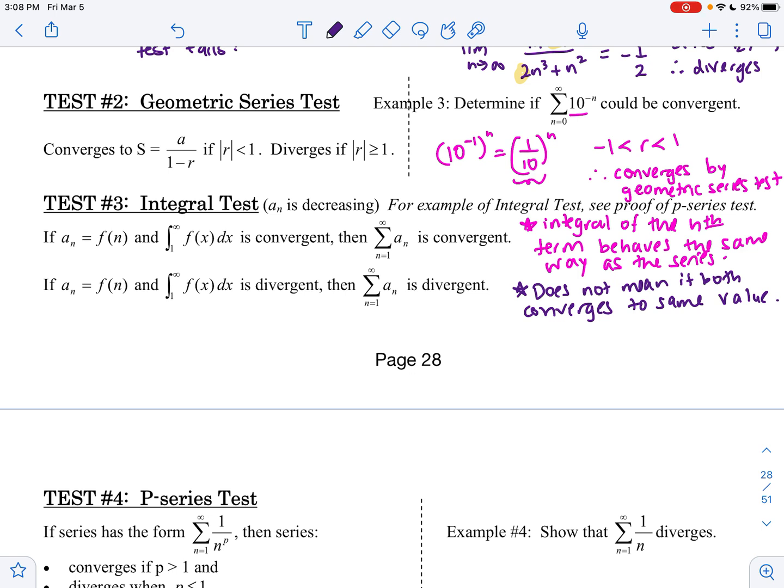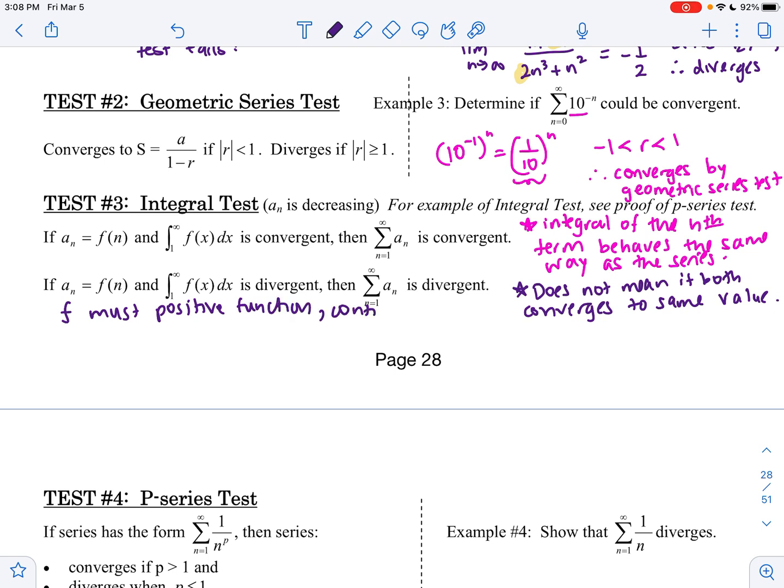Some of the conditions that have to be true before we apply the integral test are that the function, if we were to plot it, must fall above the x-axis. So f must be positive. It must be a positive function. And it must be continuous.